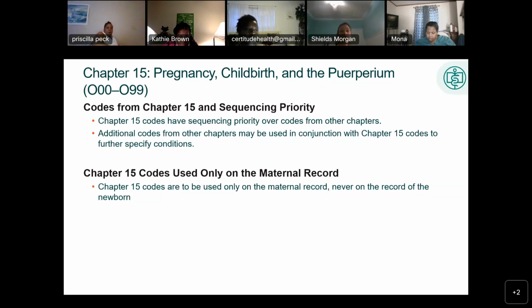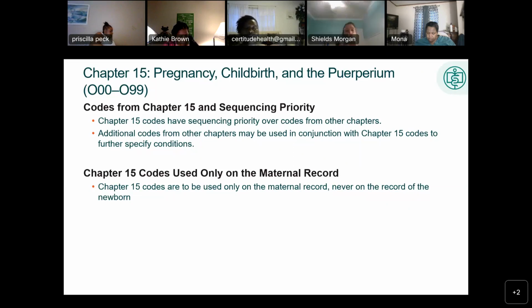O codes have sequencing priority over codes from other chapters. That is because if someone has other conditions, it's always going to be pregnancy complicated by, making it that O code, just like we saw with the hemorrhoids. Because there is a code for hemorrhoids, right? But because this is hemorrhoids in pregnancy, we have to have that O code from the pregnancy section.